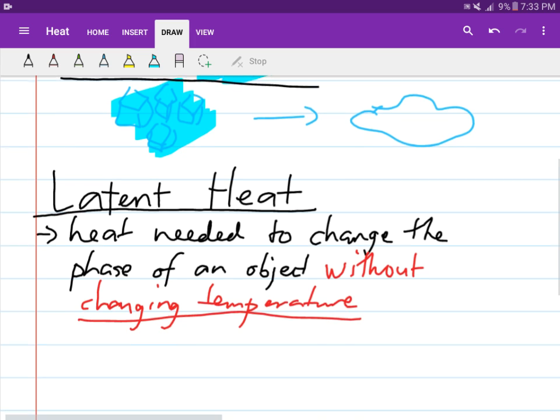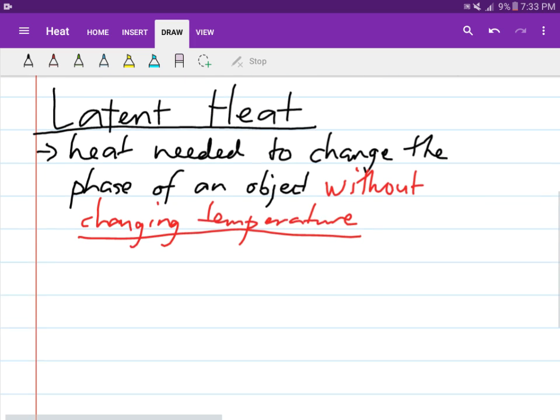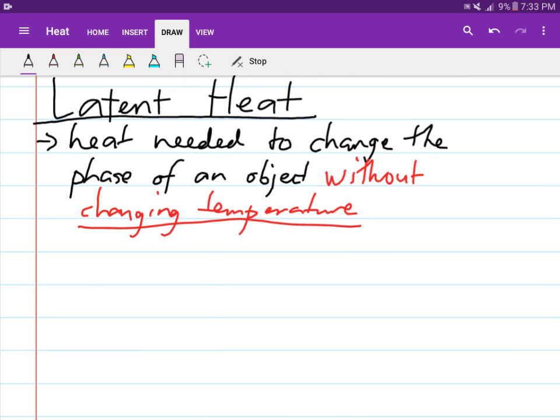So the formula for latent heat is given by Q equals plus or minus M times L. L here is the latent heat of transformation.